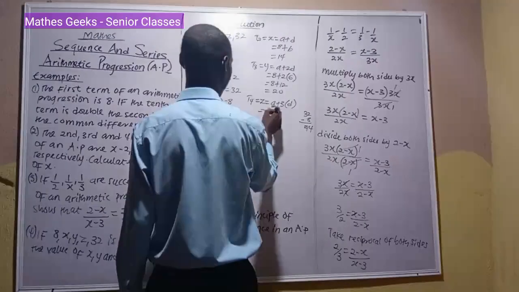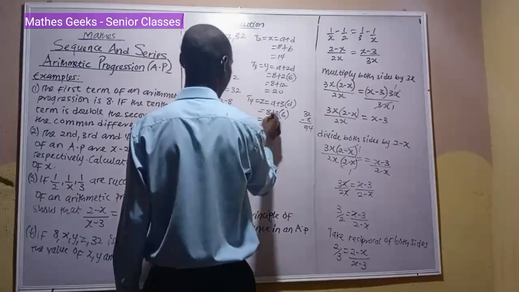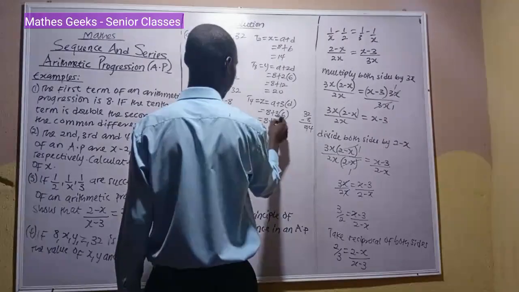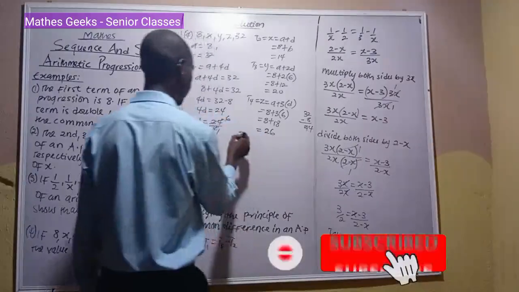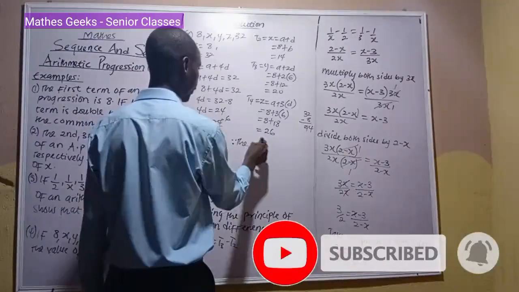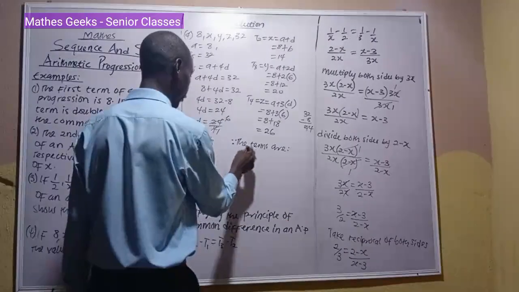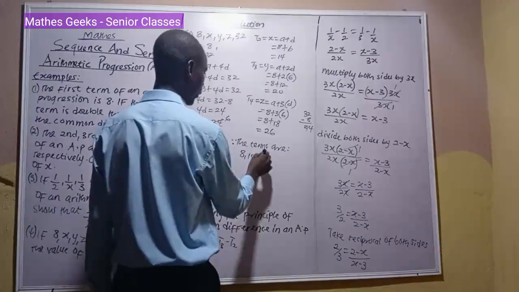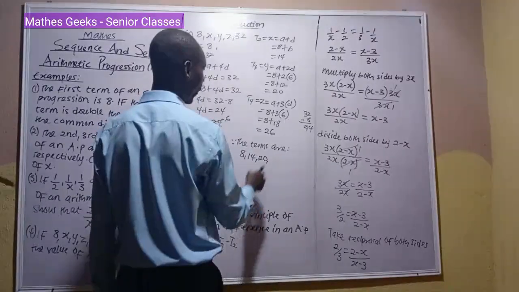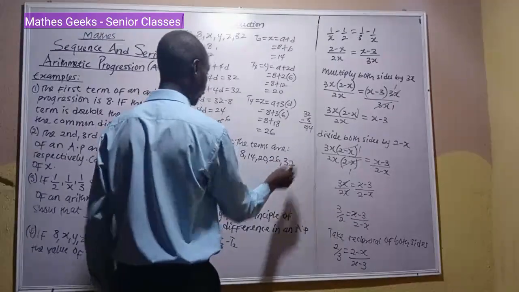That will give us 8 plus 3 times 6, 8 plus 18, and that's 26. Therefore, the terms are 8, 14, 20, 26, and 32.